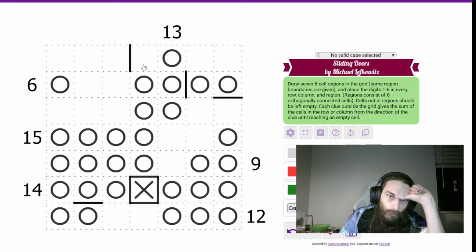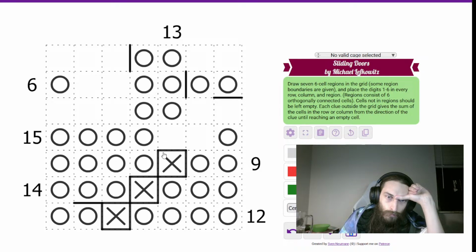So all of these have to be filled in. So then that gives us another X. Well, is there an empty cell in every row and column? Yeah, because it's 7 by 7. And every row and column has to have 1 through 6 without repeats.